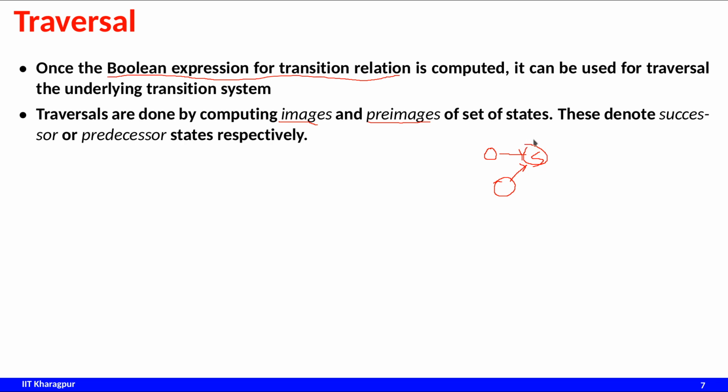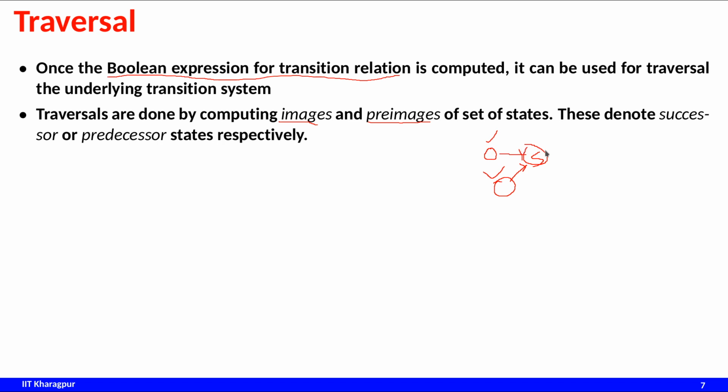If I would like to compute the pre-image, then this is one of the states, and this is another state, from where I can reach state S. So the pre-image of S will be these two states.